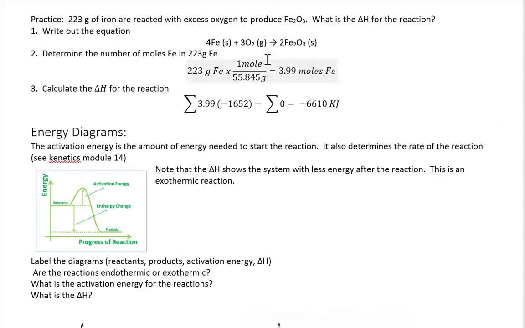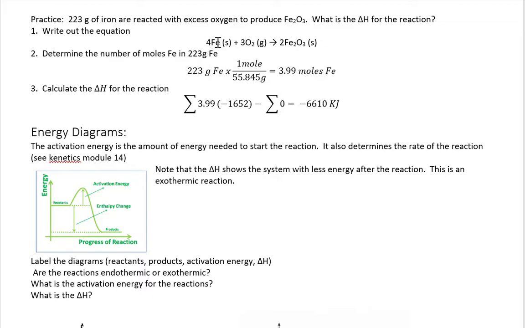So the first thing you have to do is to be able to write out an equation. I tell you that you're going to have 223 grams of iron. It's going to react with excess oxygen to produce iron oxide. And we want to know what the change in enthalpy is. So if we write out that equation and balance that equation, that's going to help us.